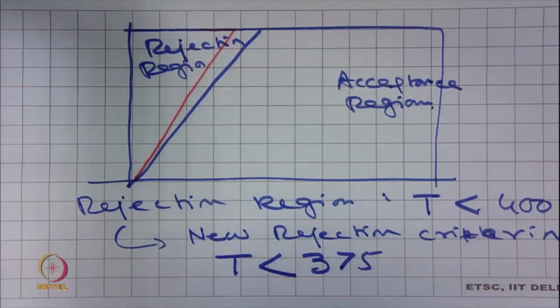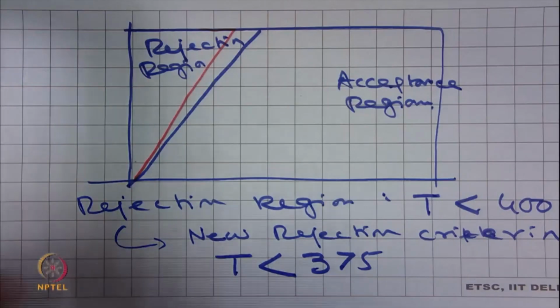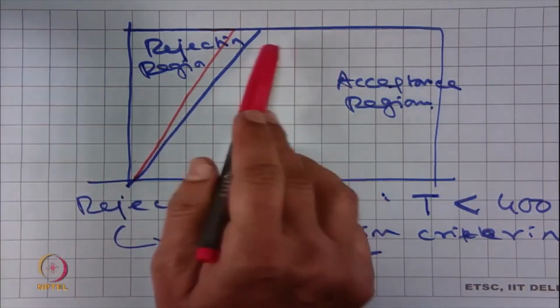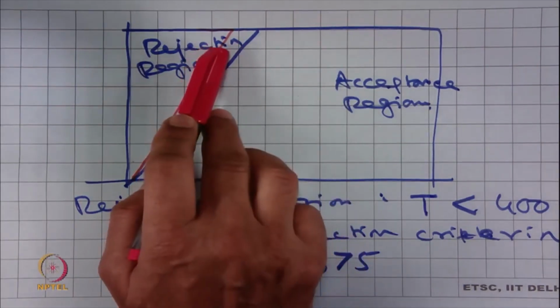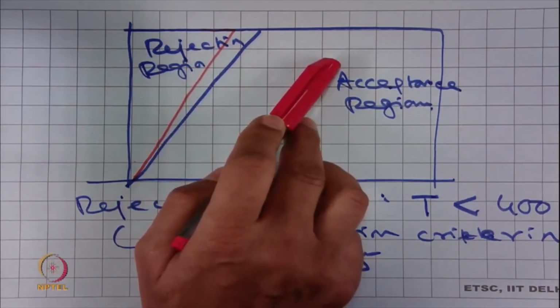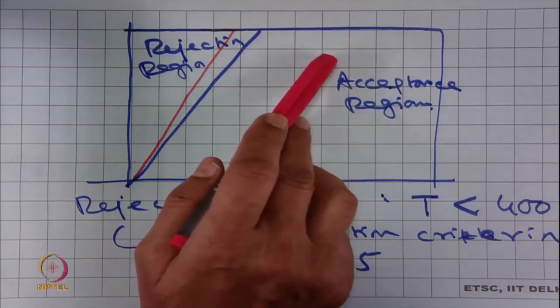That means, if the number of heads is greater than 375, we are going to accept that the coin is having 0.5 probability of getting a head.